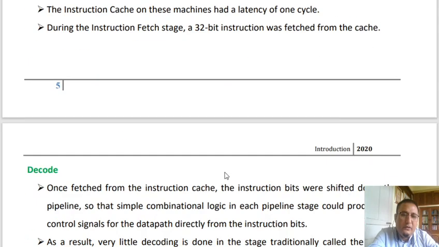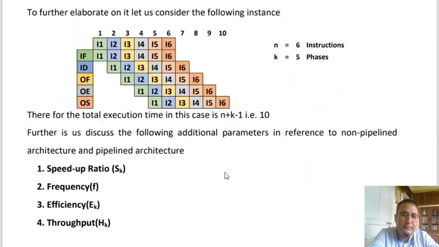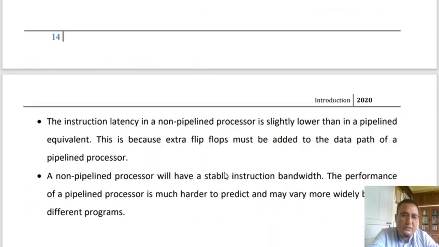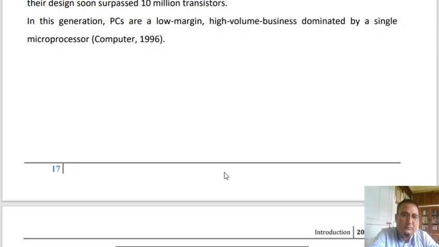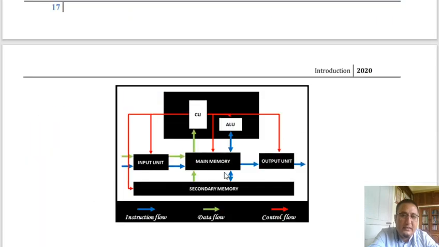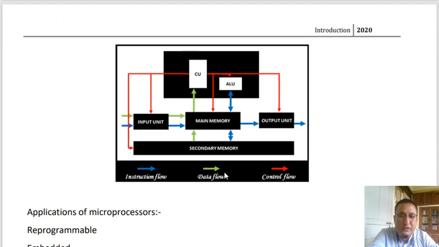Let us move on to the next important aspect in microprocessor fundamentals, which is how the computational system is organized. A typical computer that has a microprocessor in it has a control unit, an arithmetic logical unit, an input unit, a memory unit, an output unit, and a secondary memory.